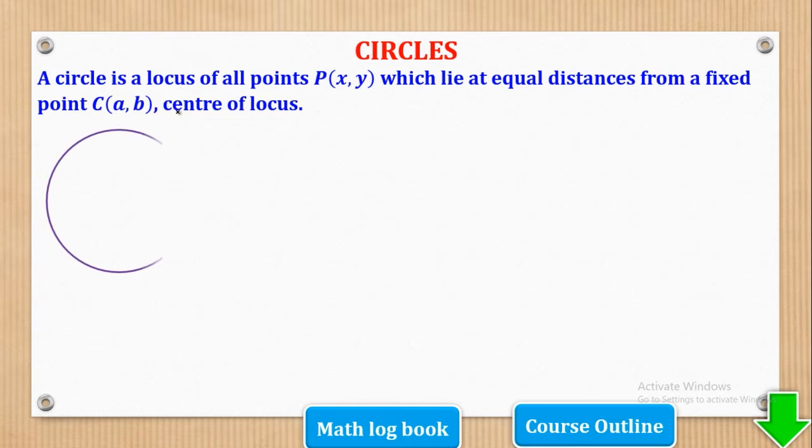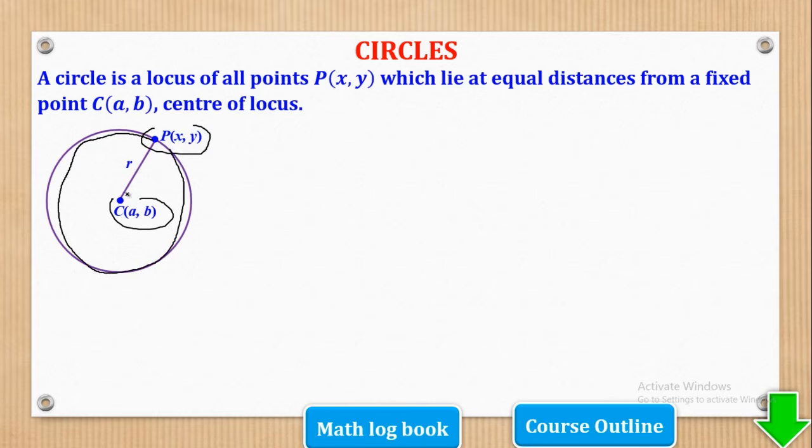That locus will be in that form, where this is point C and this is the circle, which shows the path taken by all those points which satisfy the condition for P, that the distance is always constant. That distance will be denoted by r, which we call the radius of the circle, and this fixed point will be called the center of the circle.